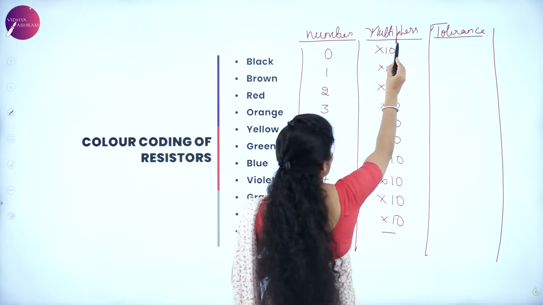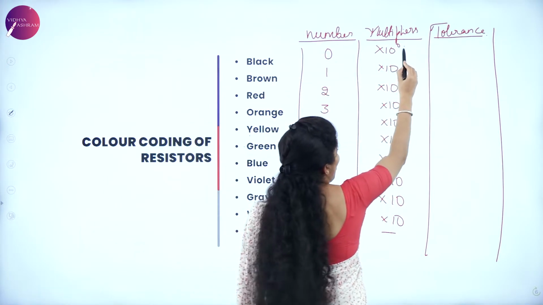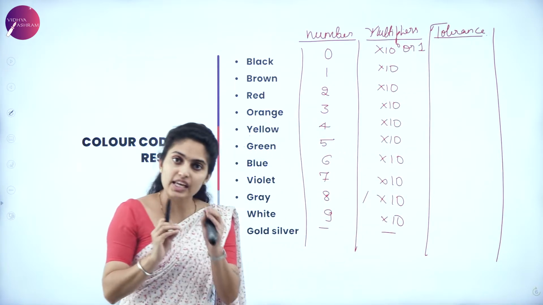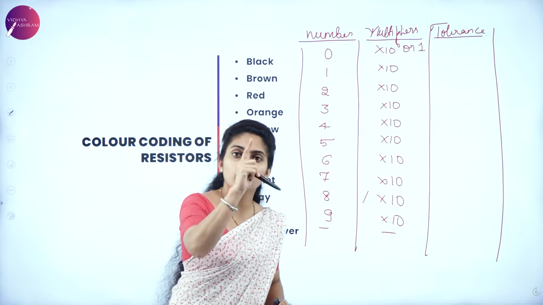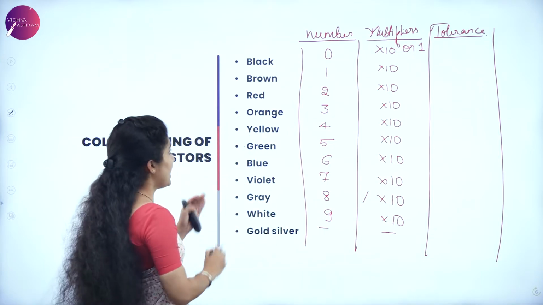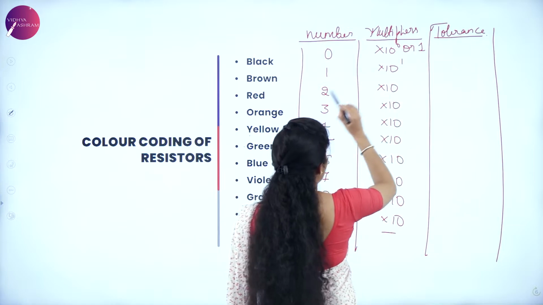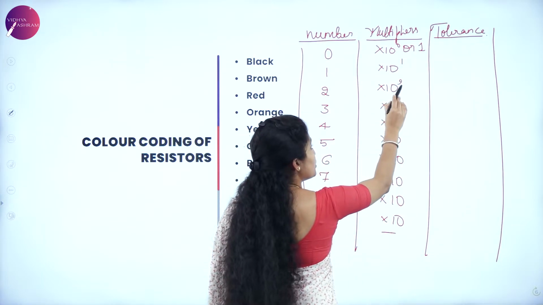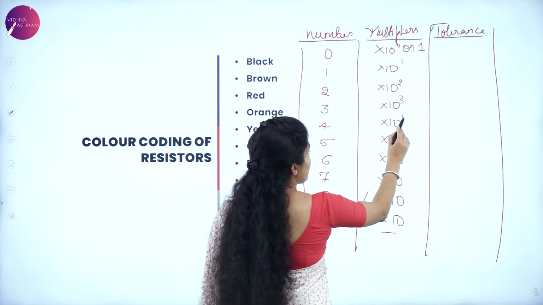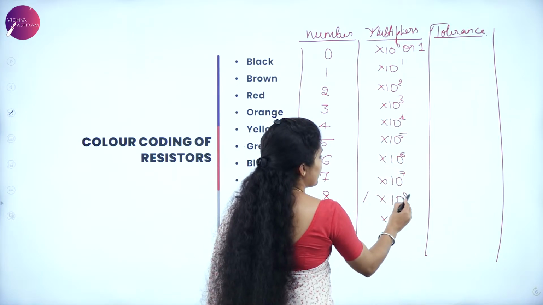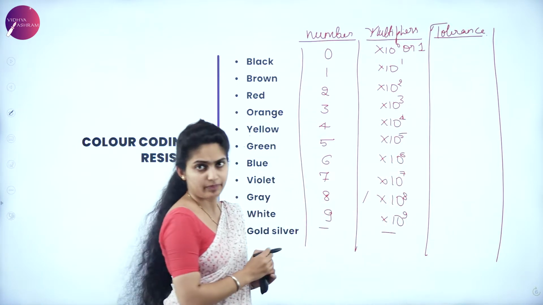Black is 0, so 10 to the power of 0, which can also be called 1, because anything to the power of 0 has the value unity. Next, brown is 1, so 10 to the power of 1, red 2, then 3, 4, 5, 6, 7, 8 and 9.